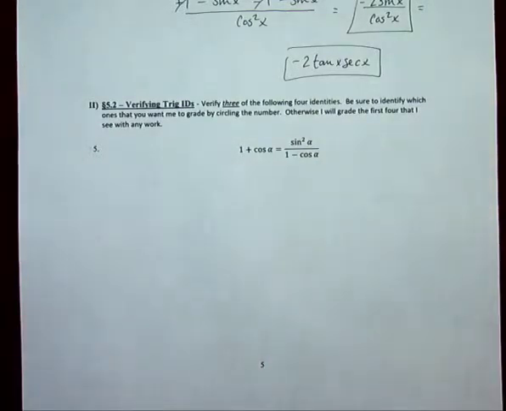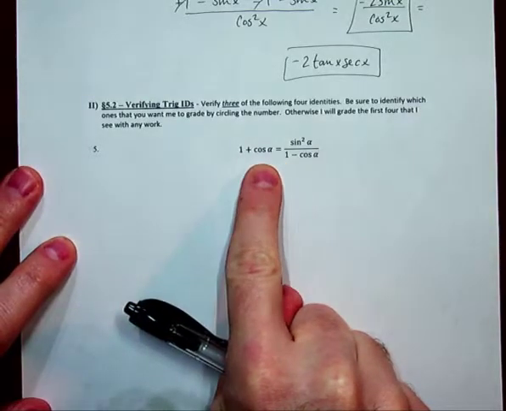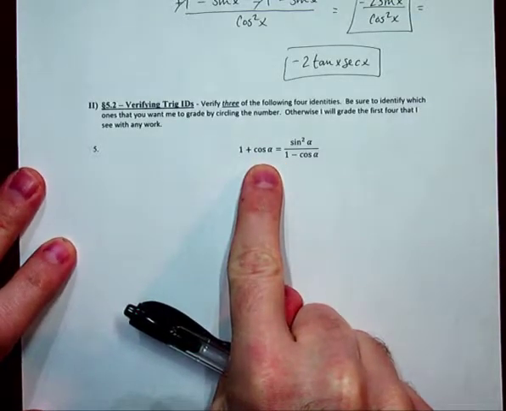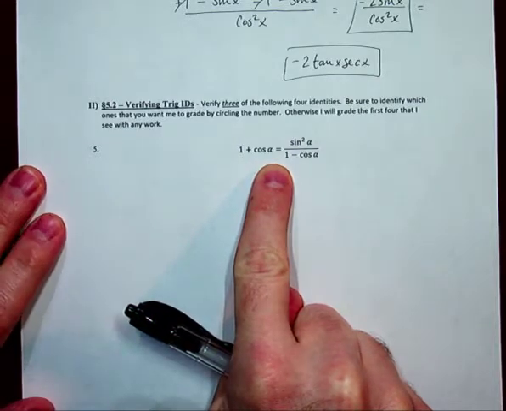And remember, you cannot work across the equal sign, meaning that the principle of what you do to one side you have to do to the other does not come into play here, because this is not an equal sign asking you for what value of alpha is this true. This is saying, is this true for all alpha?